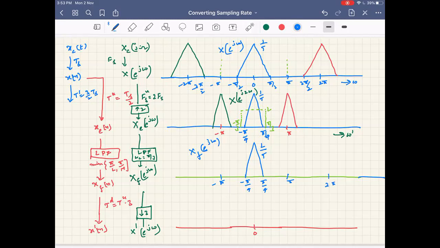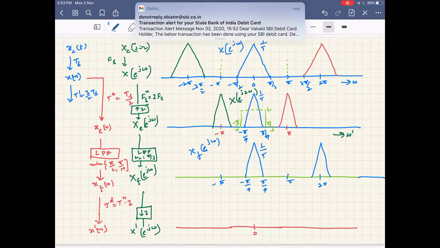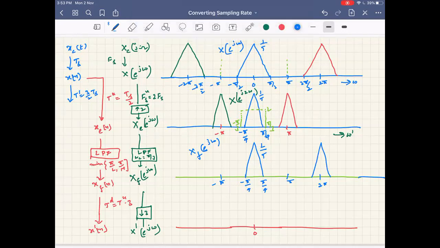At 2 pi you would see the same spectrum appear. I have not sketched it, but it will be there, and similarly on this side. Now when we expand, the spectrum will also expand, by 3 times.